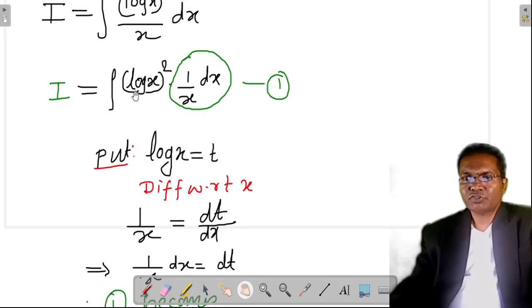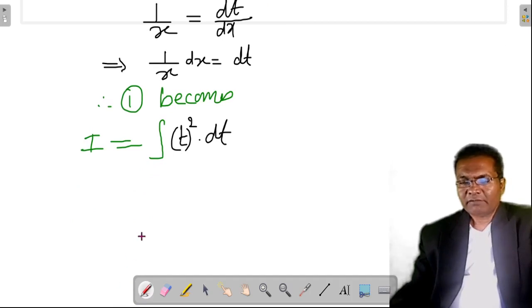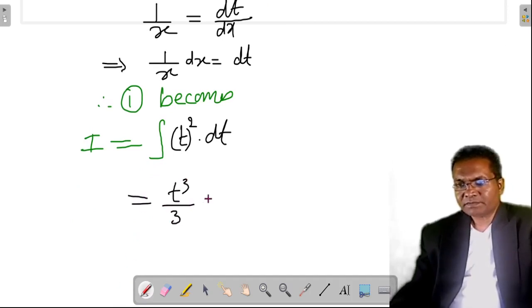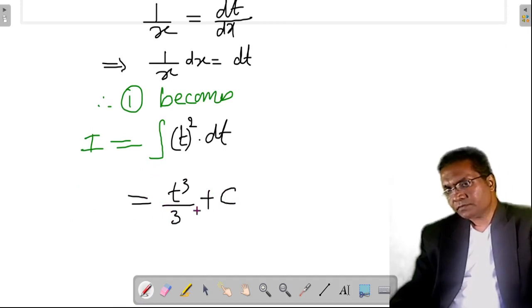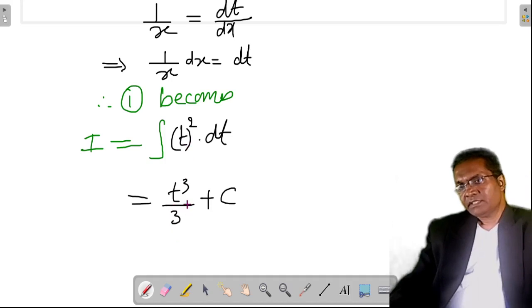Look at this, this is your t and this is your dt. Now the integration of t square is t cube by 3, that we all know. The integration of x square is x cube by 3; in the same fashion, it is t cube by 3.